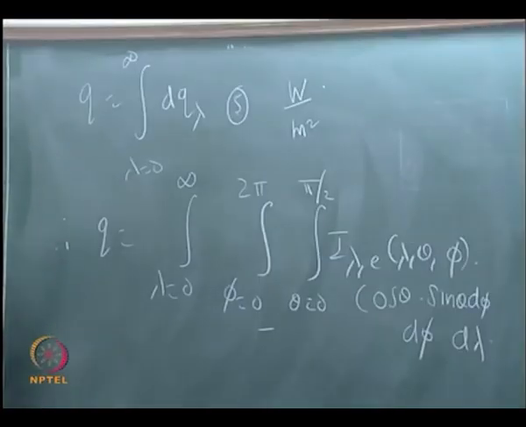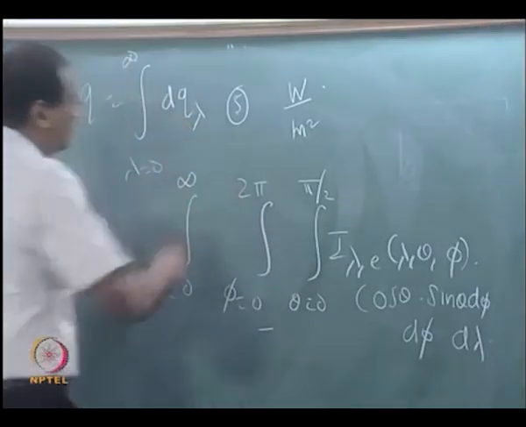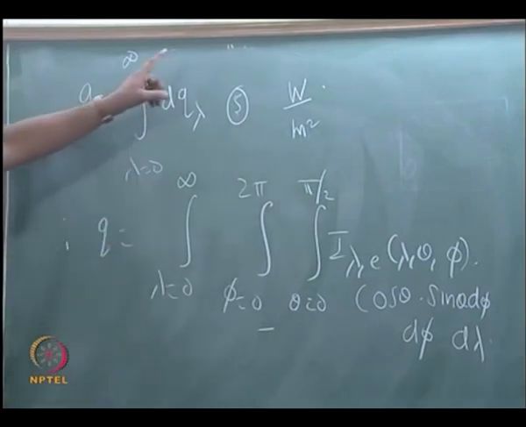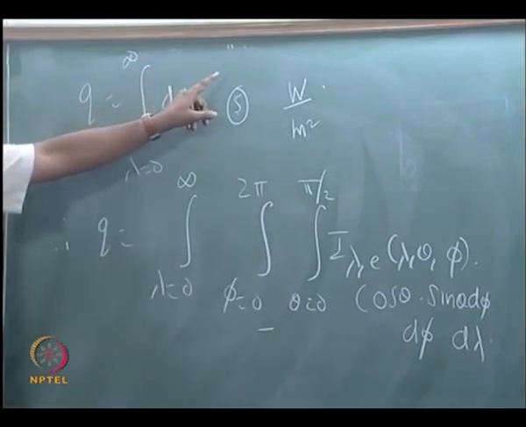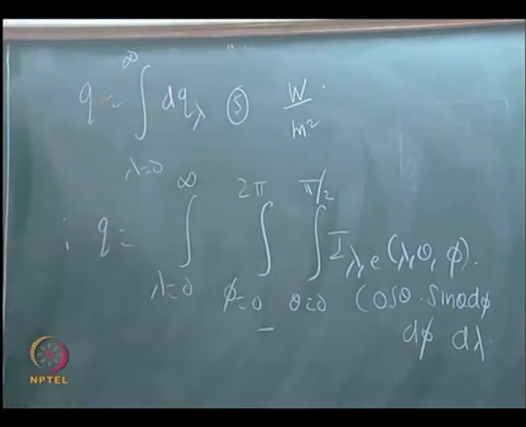Should be dq lambda into d lambda, is it? Or you won't get confused? The variable is d lambda. It's okay? You should not get confused with the notation.